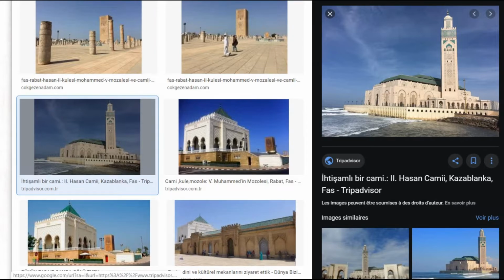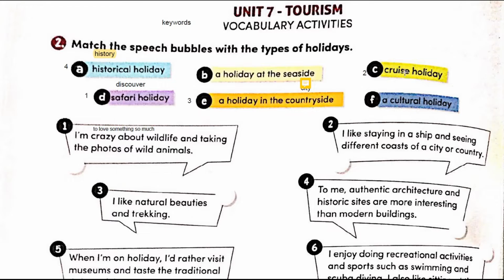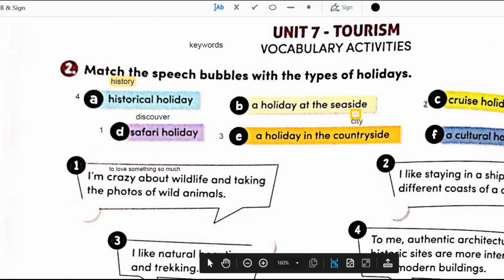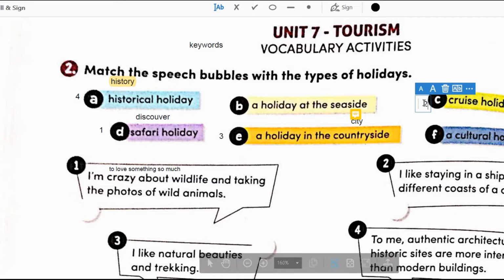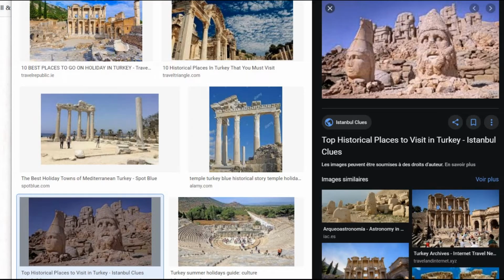Good. So we go back to our page. Cruise holiday. What is a cruise? Cruise simply means a ship. So of course we need to understand again what a ship is.